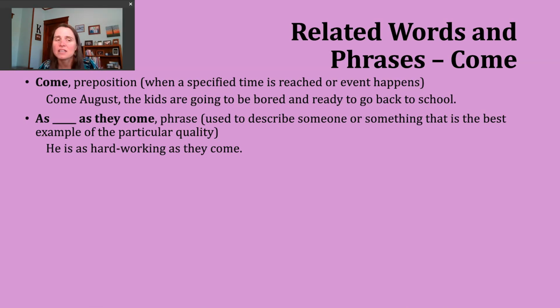An example of this: he is as hardworking as they come. If I say that about someone, I am suggesting I don't know anyone else that works as hard as that person. They, in my mind, are one of the best examples of that particular quality.